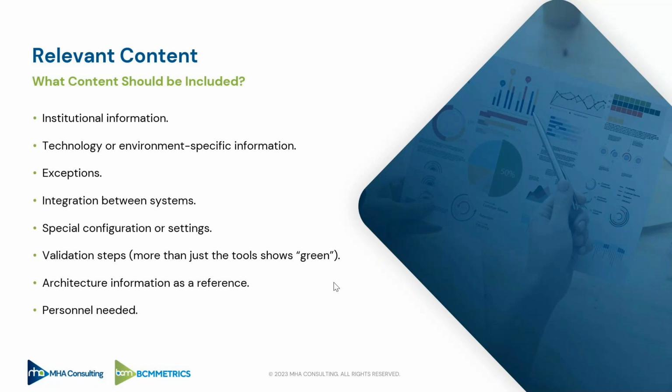It may not necessarily be all the button clicks on the technology, but it may need to be, what are the names? Where do you have things stored? Where are the backups? How have you architected this that might be different from standard? Again, technology or environment specific information. Exceptions that are out there, that you've made conscious decisions, that if somebody looks at it and says, that's a problem, but in your environment, it is not a problem.